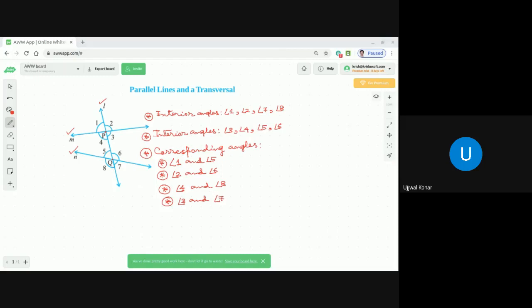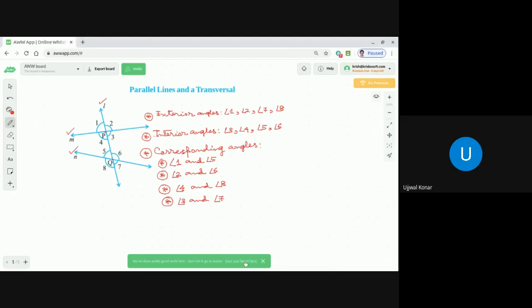Now the next part is alternate interior angles. Which are the alternate interior angles, dear students? Angle 4 and 6 are alternate interior angles. Similarly, angle 3 and 5 are also alternate interior angles.